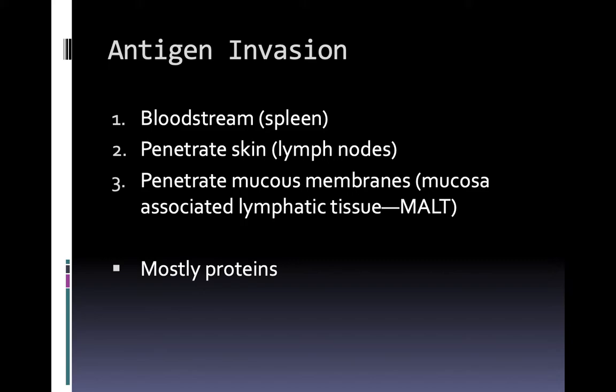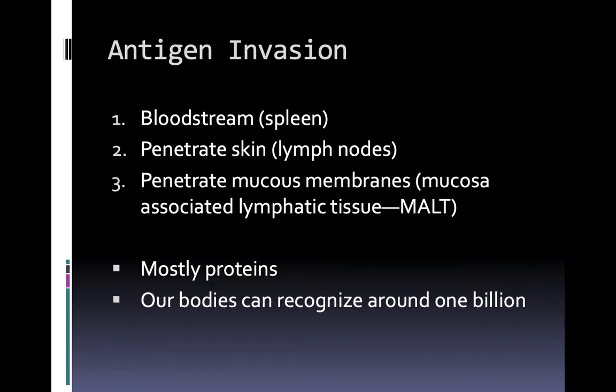Antigens, remember, are mostly proteins. So in the last lesson from before spring break, we talked about how the COVID-19 spike protein or spike antigen is the protein that will attach to the lung cells to allow the COVID-19 virus to penetrate into those cells, to take over those cells. Our bodies can recognize up to 1 billion different antigens.